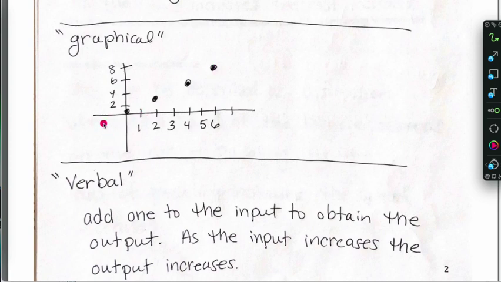Now, if you're talking about all the values in between, you want to make sure that you draw a line to include all those values in between. If you're just talking about those specific points, then you just label them with points. Again, that would be up to you to decide what would be best based on the situation, but just keep that in mind.